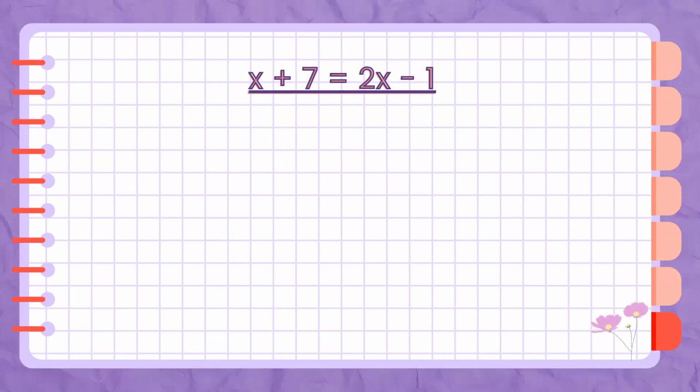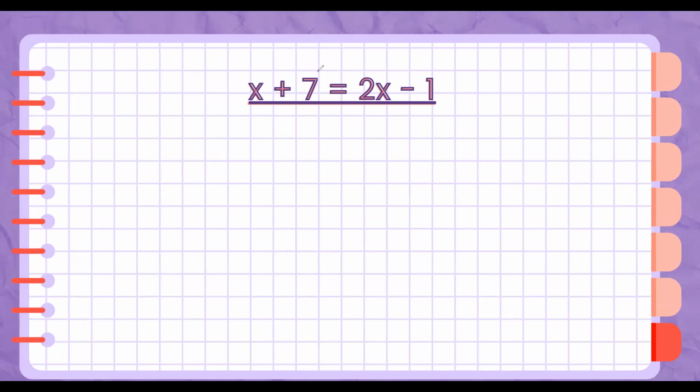x plus 7 gives you 2x minus 1. So x plus 7 gives you 2x minus 1. What are the like terms here? The like terms here are x and 2x. So x, and then when 2x goes to the other side, it will become negative.